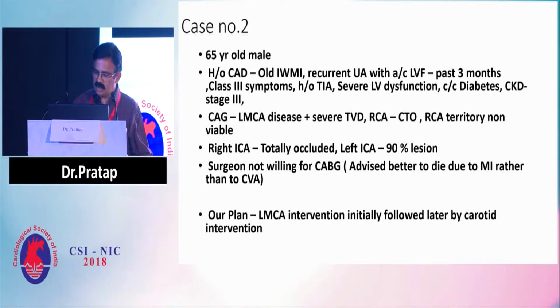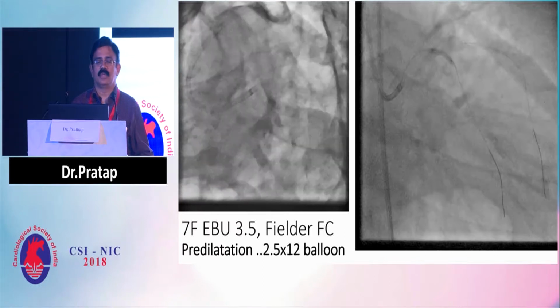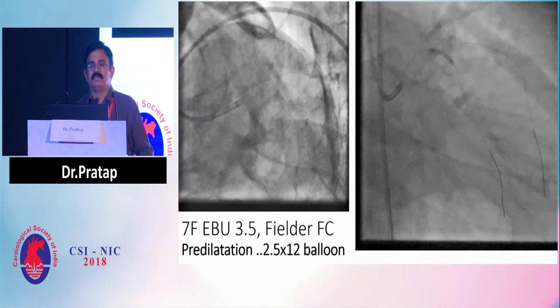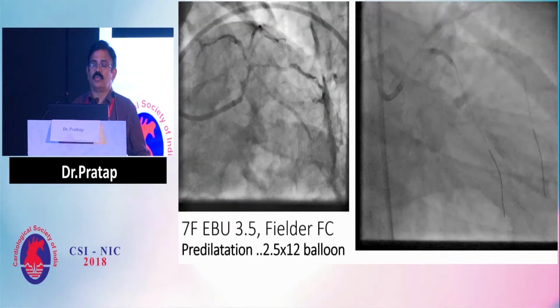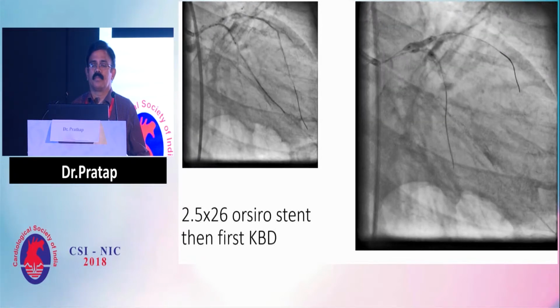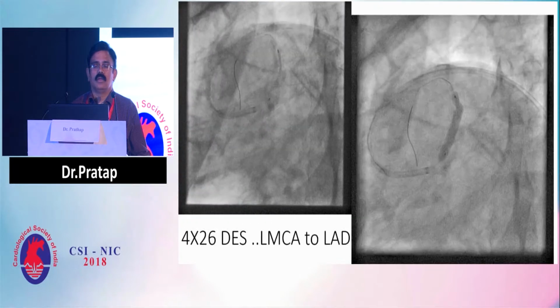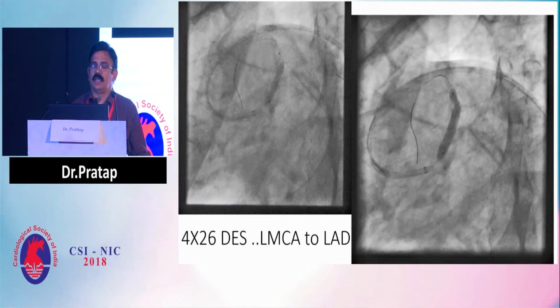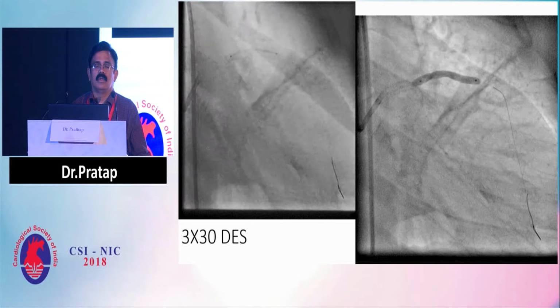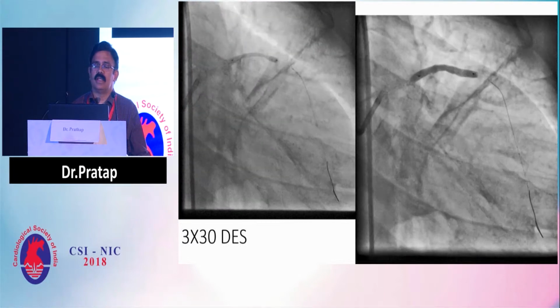Our plan was, the patient came to me with a 24% EF with a carotid artery included. This was the angiogram. We tried to open the vessel. Stented LMCA to LAD. Then I recrossed the wire and distal LAD also stented.